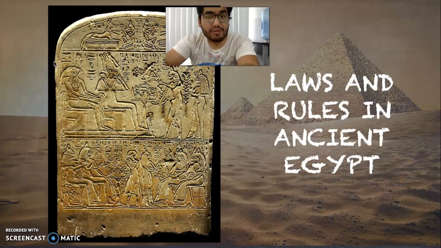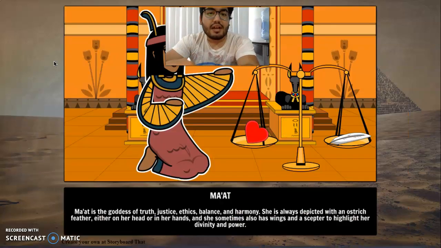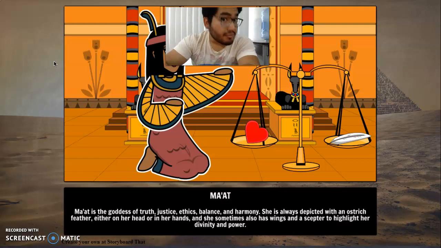And we learned about their laws and rules. The laws were with the belief of the goddess Ma'at, the goddess of truth, justice, ethics, balance, and harmony.